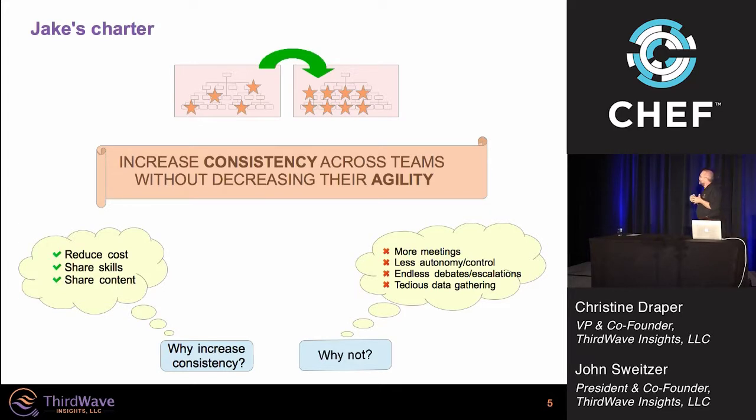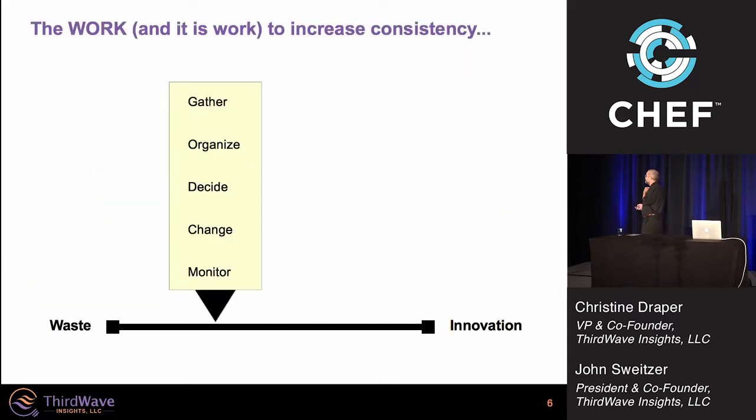All these things start poking at that agility notion in terms of how do I stay more agile. So Jake's sitting there going, great, I got this assignment. I need to be more consistent, but I can't impact agility, which means I can't really slow people down. And Jake's going, I'm not really quite sure how I'm going to do both of these things at once, but I'm going to get started and see what happens.